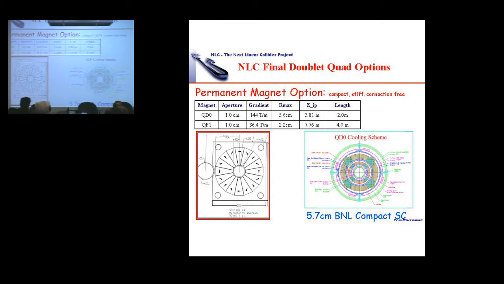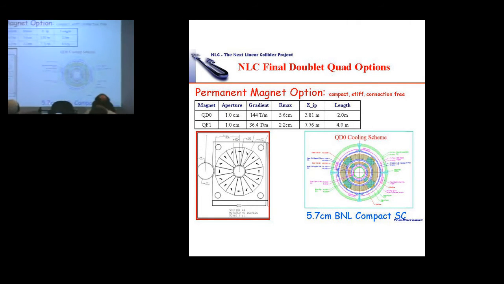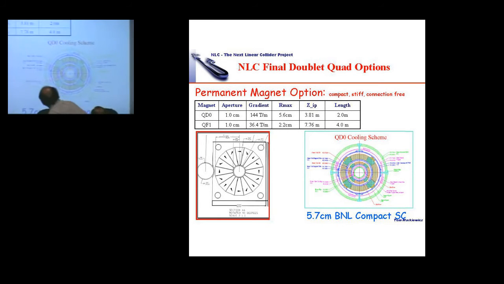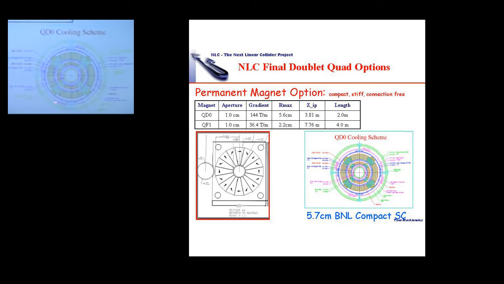And at this moment, in December, he came back to SLAC and gave us a complete conceptual design, vetted with the engineers, for a superconducting magnet which is as compact as the permanent magnet. And so this is sort of new and on the table. And basically, where we stand now on this is, while it's got the compactness, we're trying to think about whether it will be stiff enough and sufficiently free of connections that there not be any vibration introduced into the system.